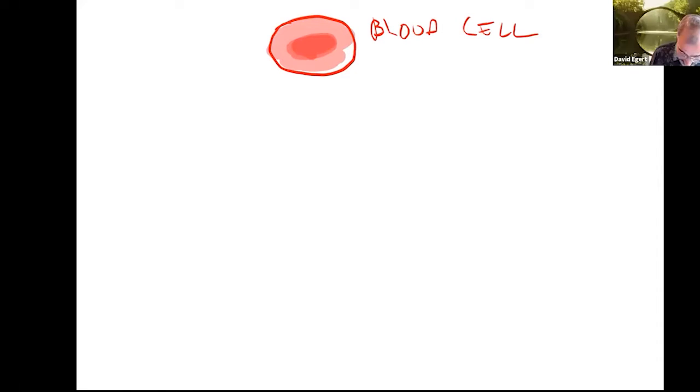Exactly, 0.3. You know that this is going to be at 0.3 osmolar, because almost everything in the body is at 0.3 osmolar.